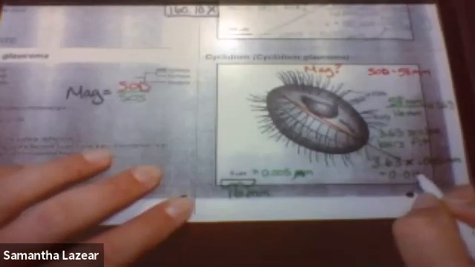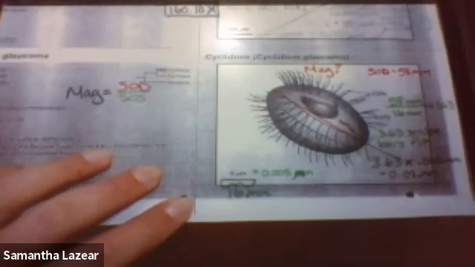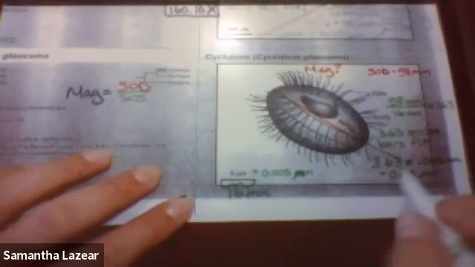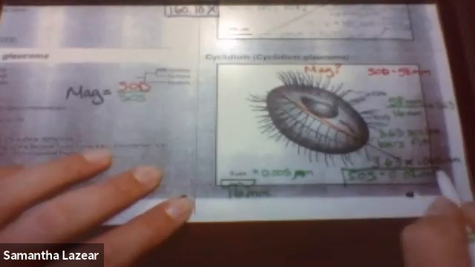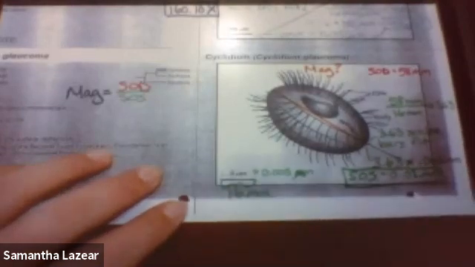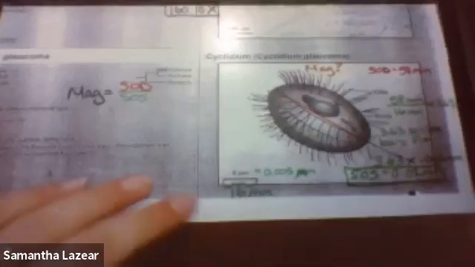So now we have our size of specimen is 0.02 millimeters, and our size of drawing is 58.